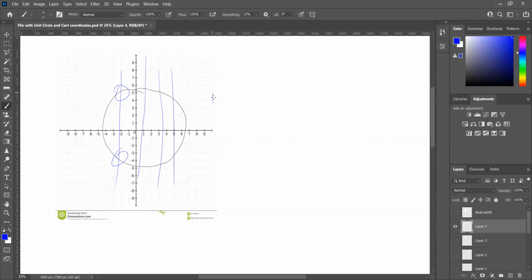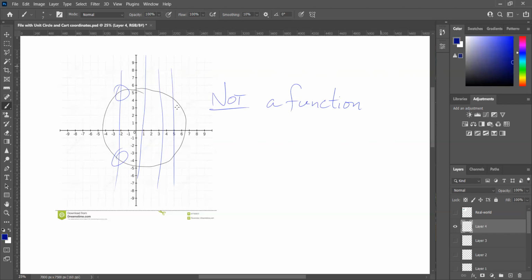This is clearly not a function. And that's fine. We still like circles. We still want our pizza to be round. We want our wheels to be round. We like circles, but it's just not a function because we have more than one y value associated with each of those x's I drew.